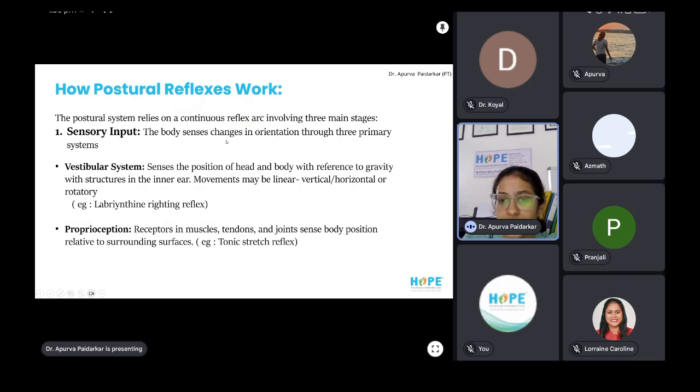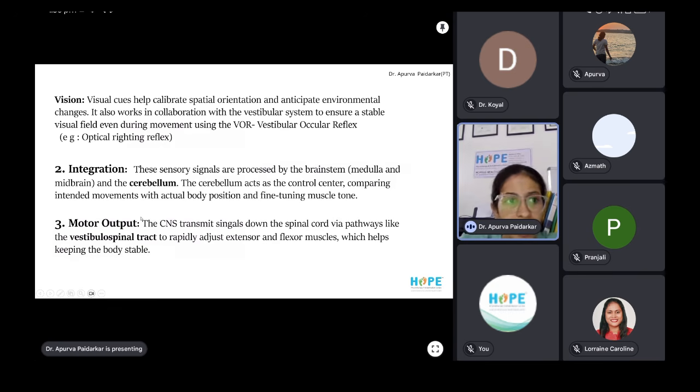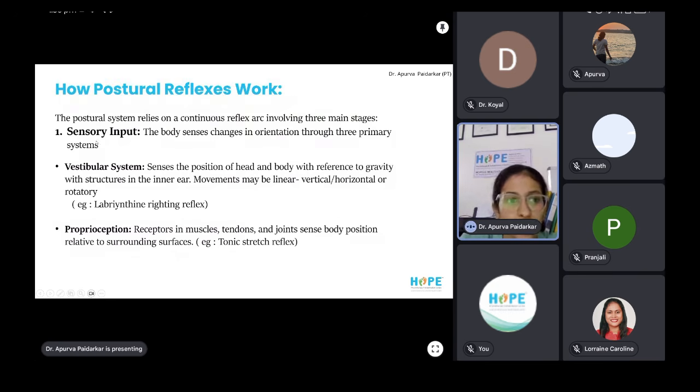The body senses changes in orientation through three primary systems: vestibular, proprioception, and vision. The vestibular system senses the position of the head and body with reference to gravity with structures in the inner ear. Movements may be linear, vertical, horizontal, or rotating. For example, the labyrinthine righting reflex. We'll learn about it later.